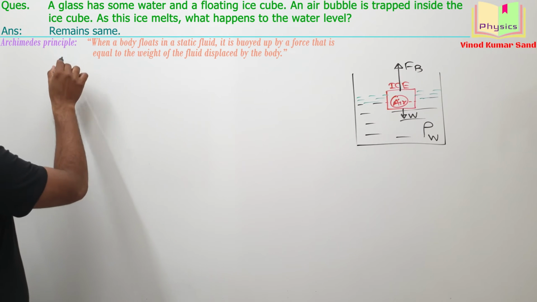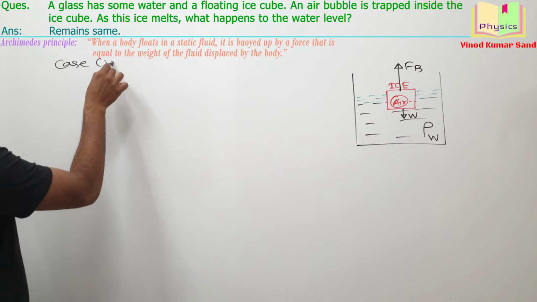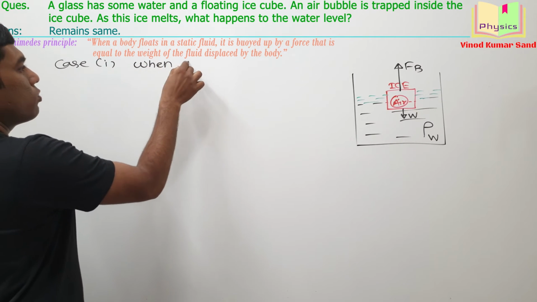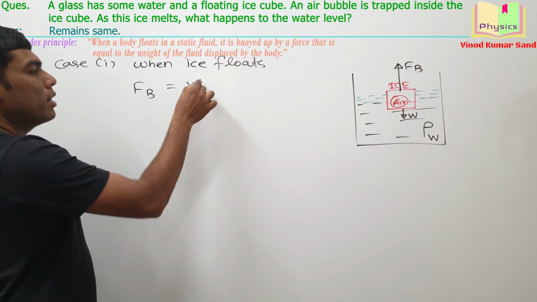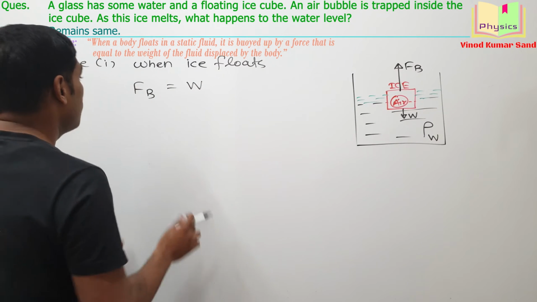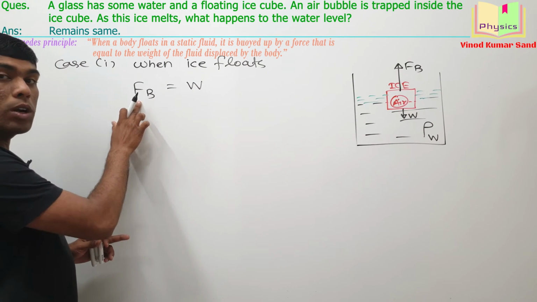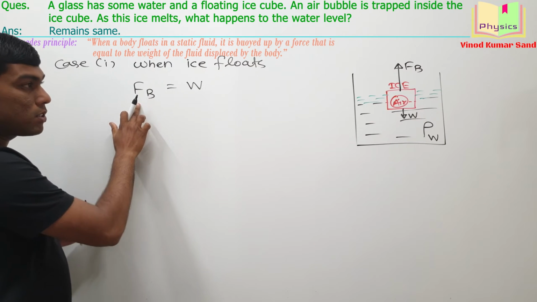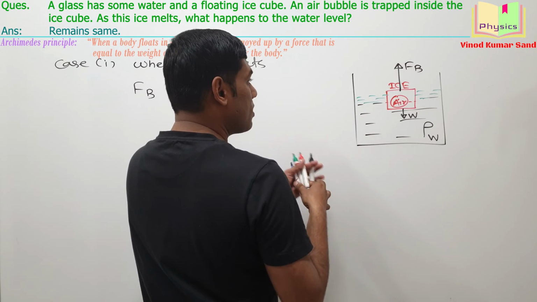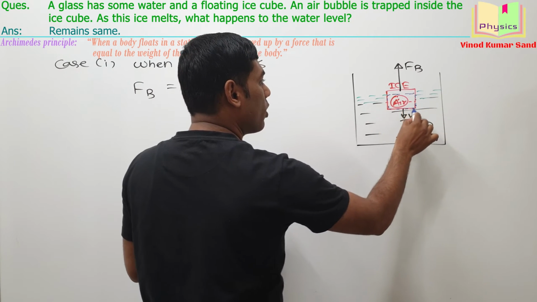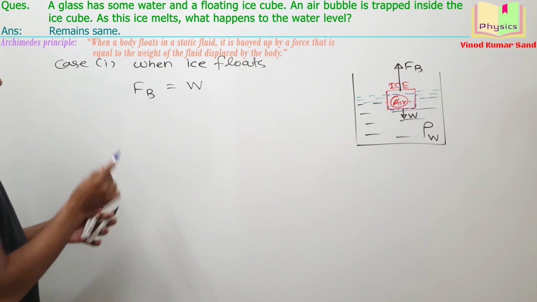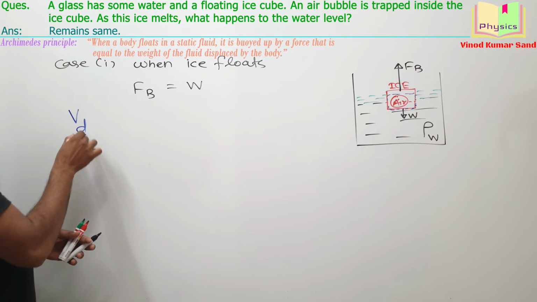So I am writing that here as case 1. When ice floats, the buoyant force should be equal to the weight of the ice. The buoyant force will be equal to the weight of the fluid displaced. So the ice is displacing this much weight of the water. Do you agree?